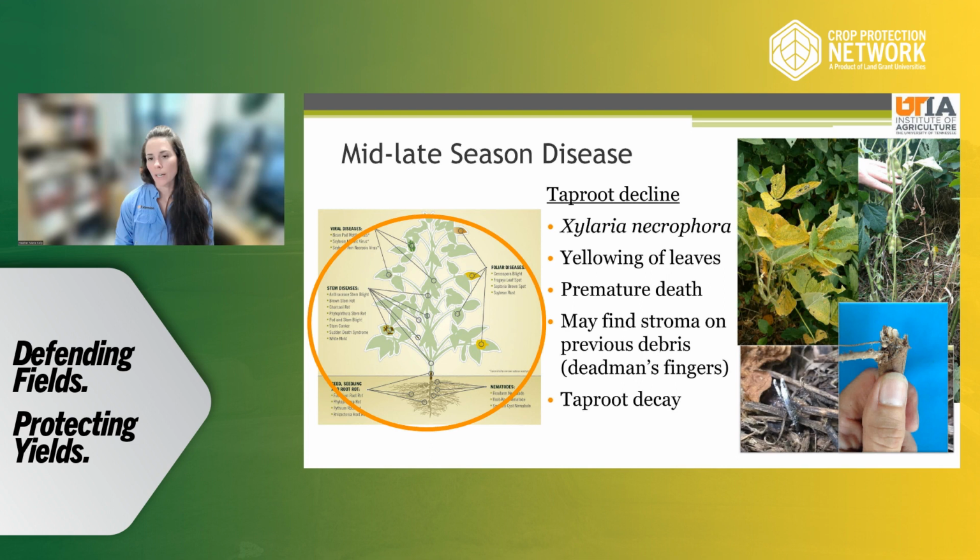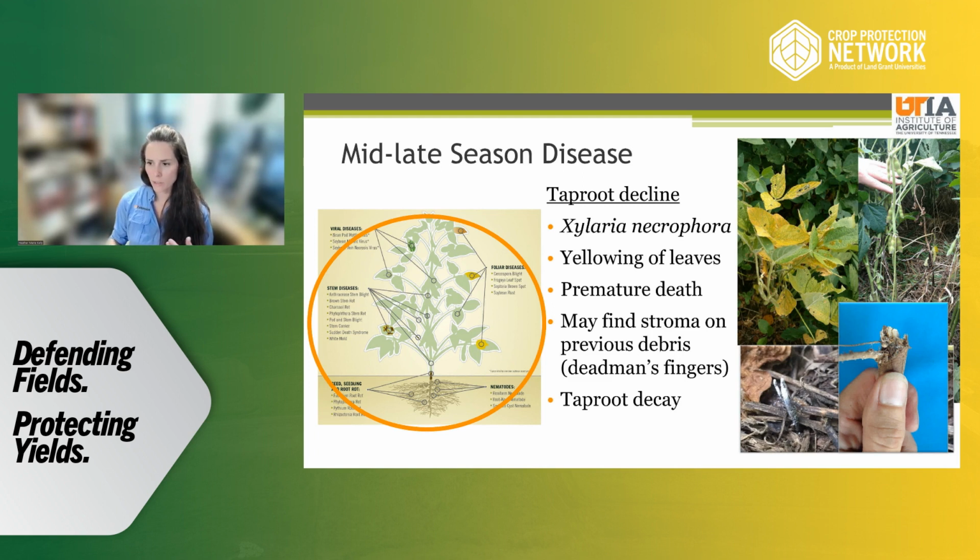It's not red crown rot. It's a brand new species that's recently been defined in the U.S., first noticed when walking fields with yellowing of leaves where the veins can still stay green. In the pictures on the right, when you pull that canopy back, you'll notice next to those plants that aren't dead but show yellowing leaves, other plants that have completely died prematurely.